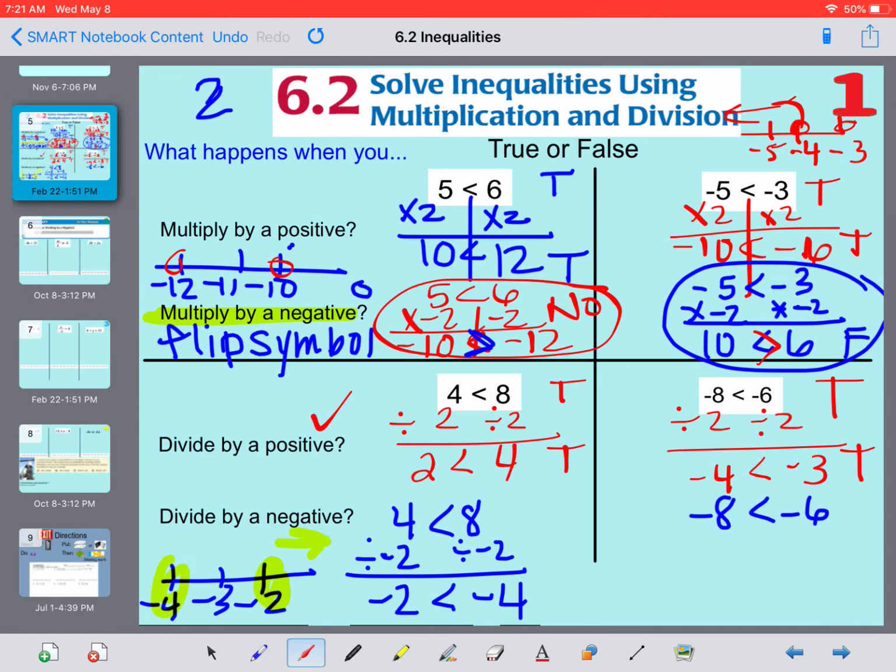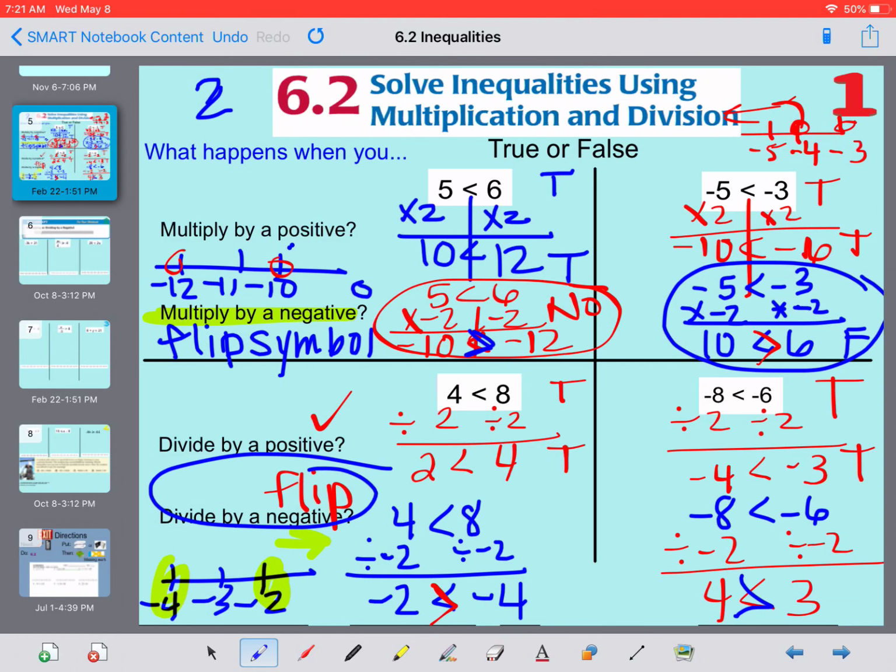So again, in order to make it true, we'd have to flip our symbol around. Negative 2 is greater than negative 4. Same thing over here. If I divide by a negative 2, we'd get 4 is less than 3. 4 is not less than 3, 4 is greater than 3. So we'd again have to flip our symbol.